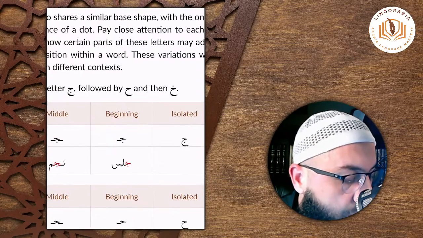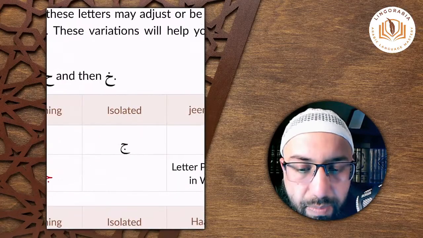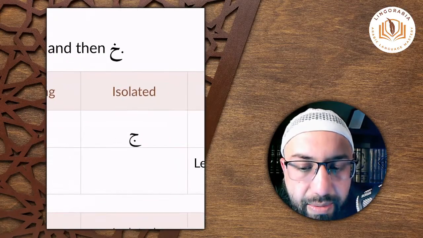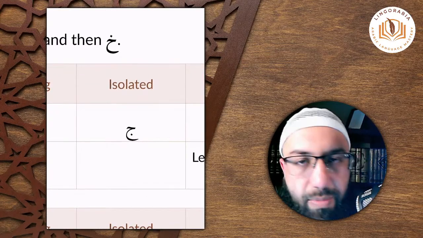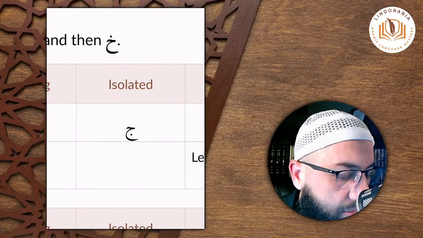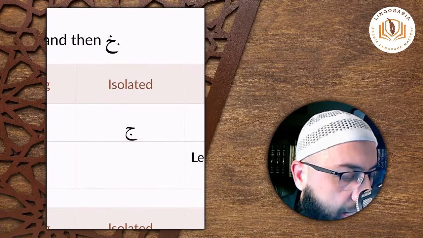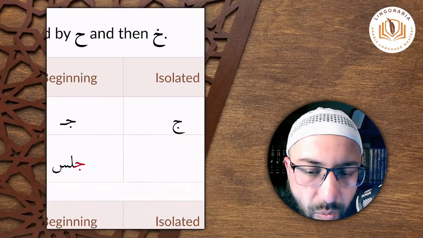Now first we are going to talk about the Jim, and then the Ha and the Kha will be easy, inshallah. Once we cover the Jim, the other letters will be similar. So this is the isolated form that we discussed. Now look at the Jim at the beginning of the word.